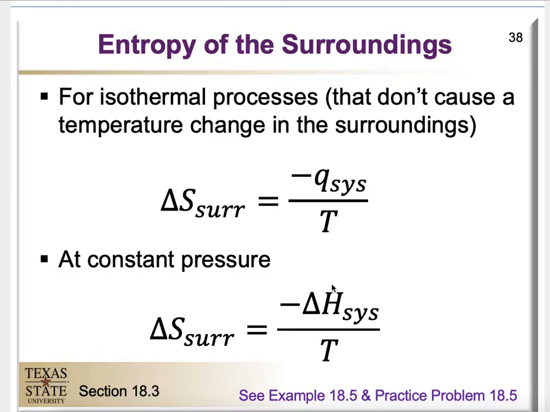The enthalpy change of the system is something we can calculate using the equation of products minus reactants, because this is the enthalpy of the reaction. Or this can be the enthalpy associated with a phase change. I'll let you know that there are very good examples in the book. See these two numbers for practice.